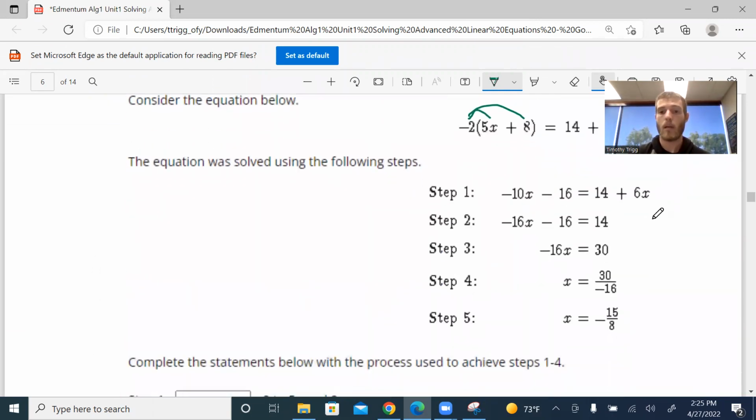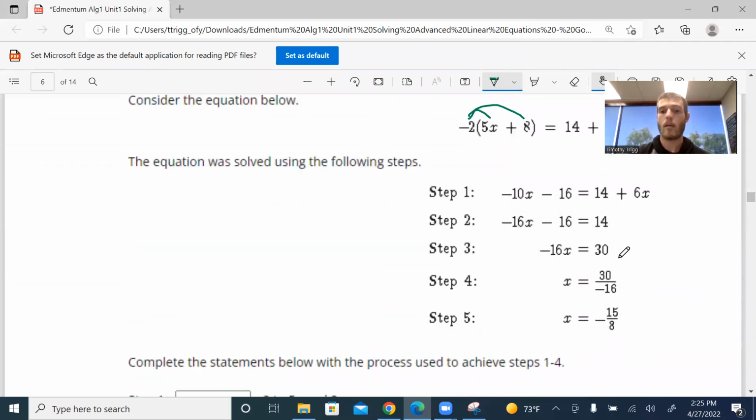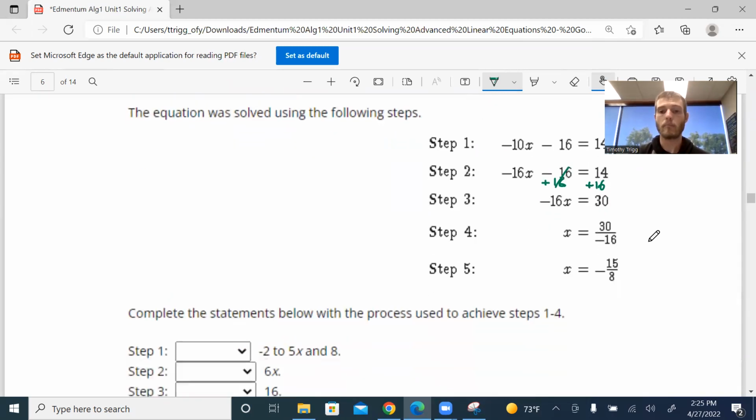Next, they subtracted 6x to both sides. Then, right here, they added 16 to both sides, right? Plus 16 to cancel here, plus 16 to get this 30. Then they divided by -16.